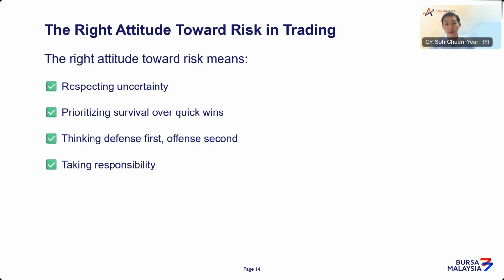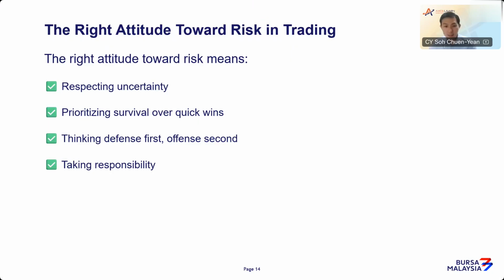Number two, you need to prioritize your survival over quick wins. Okay, your first job as a trader is not to win big, it's to stay in the game. Now, if you lose your capital, you don't have the opportunity to continue to trade anymore. Am I right? So protecting your account is considered the most important thing.